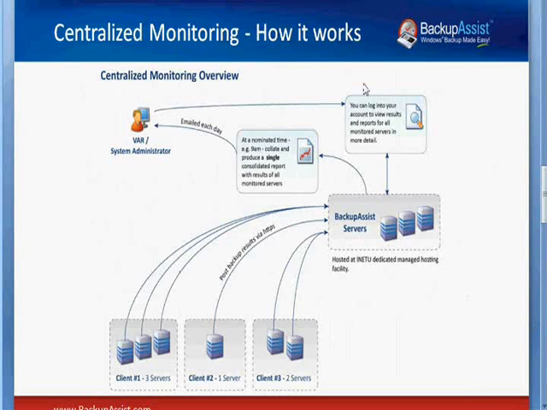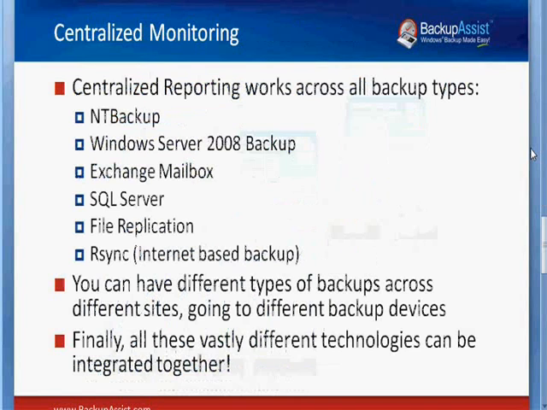So the way this works is that you can have servers at different sites, and what they do at the end of each backup is they post the results to our servers. It's a cloud-hosted system. And then every day what we do is we will collate that information, send it out to you in a single email, or you can log in to view the results of your backups, just like we have.